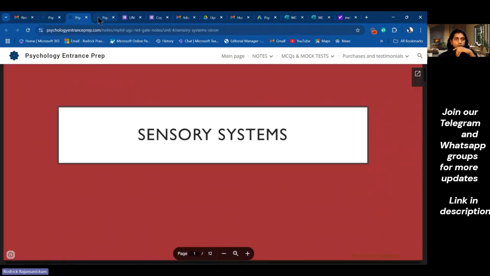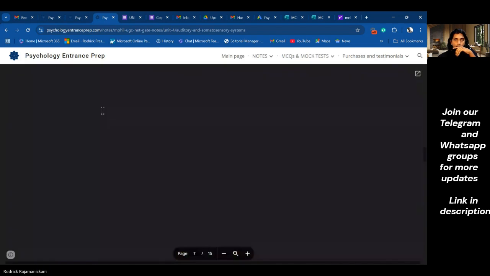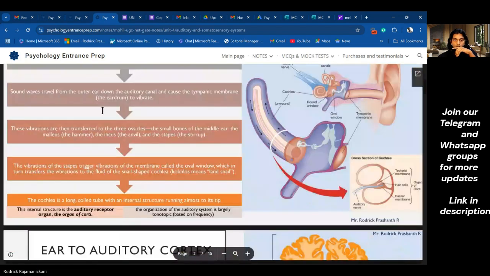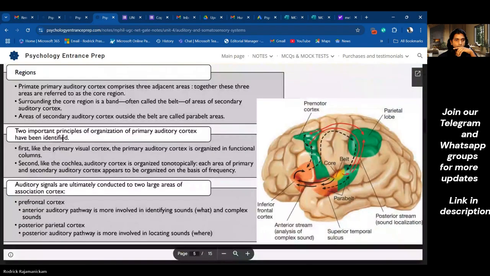So for audition, the auditory cortex is tonotopically organized, on the basis of frequency.